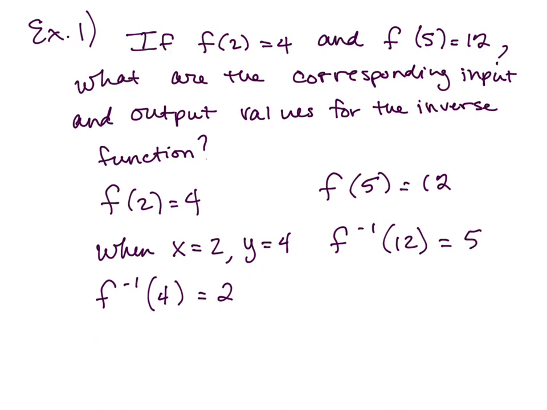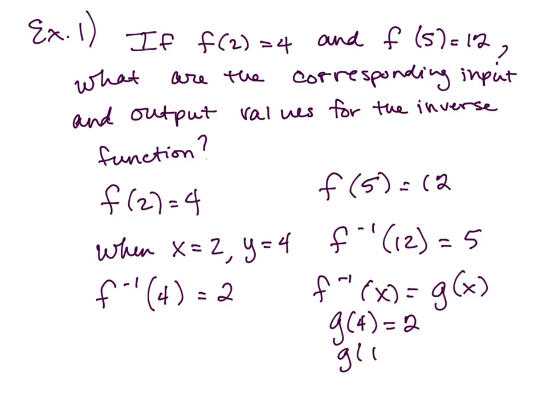So the question is, what are the input and output values for the inverse function? Well, let's call f inverse g. F inverse of x equals g of x. Let's just give that function a new name. So the input and output values for g are going to have when x is 4, y is 2, g of 4 equals 2, and g of 12 equals 5. That's what it wanted.